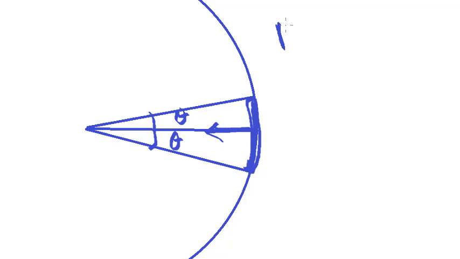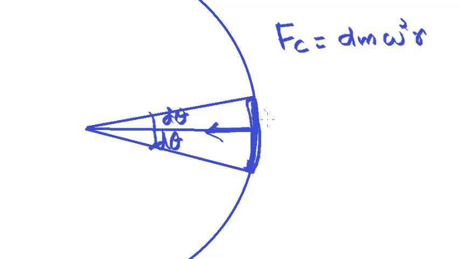So the required centripetal force can be written as, if the mass of the section is dm, then dm omega square r is the centripetal force required. Okay, since you are taking dm, it will be better to take the angle as d theta. So total angle is 2d theta.